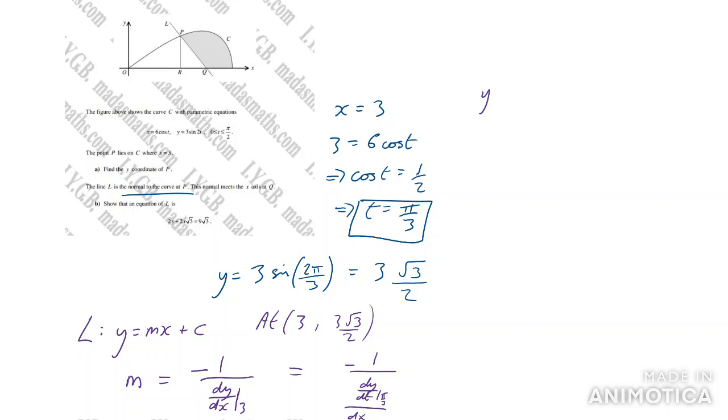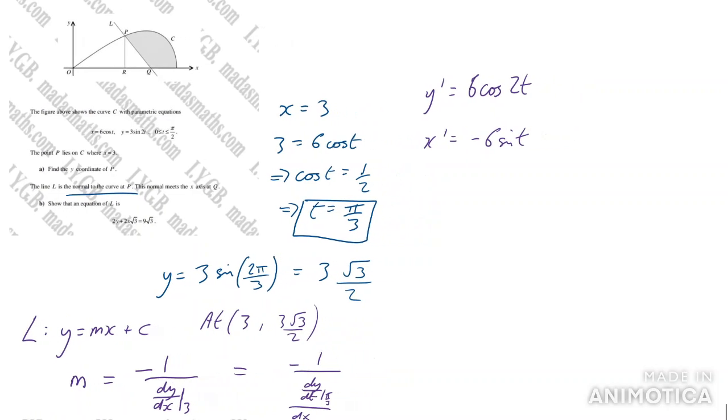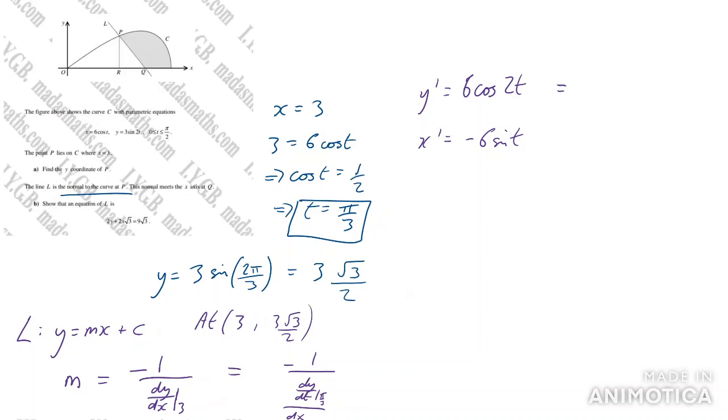So we need to know what the values of those are. To do that, we need y dash, which is 6 cos 2t, and x dash, which is minus 6 sine t. At pi by 3, that's going to be 6 cos 2 pi by 3, so that's, I believe, minus half, so minus 3.